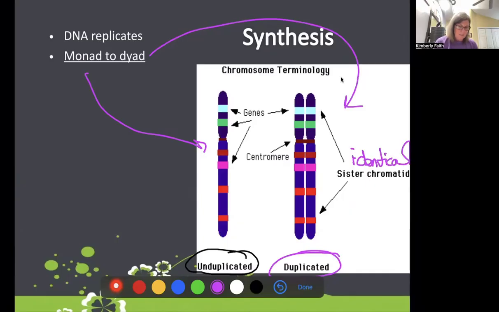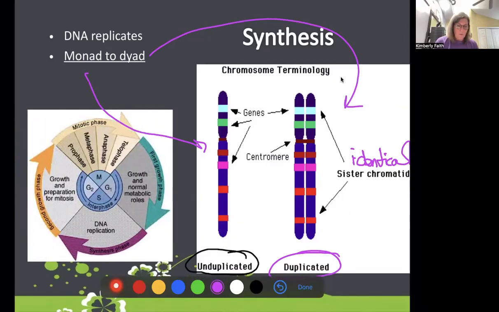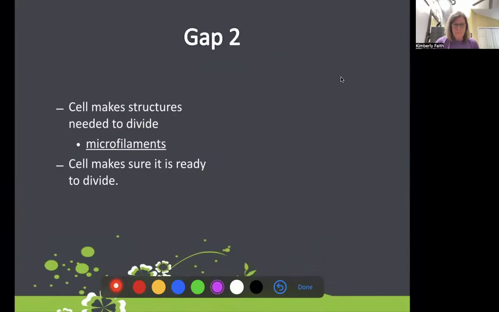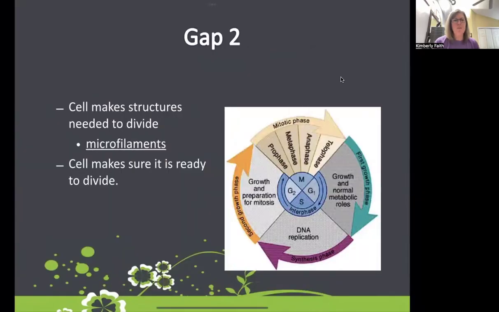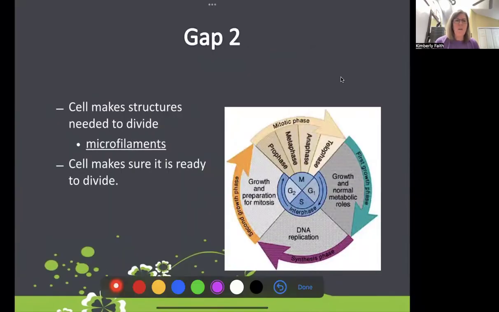But during synthesis is where we go from one copy to two, because we need two copies, one for each cell. And then in gap two, we make sure that everything's ready to go. We have the microfilaments and all the different cellular structures we need in order for the cell to divide.